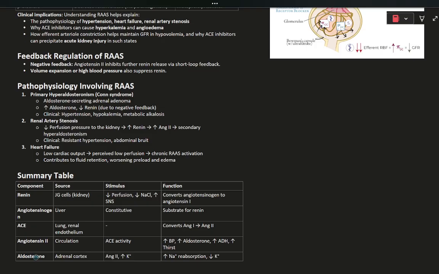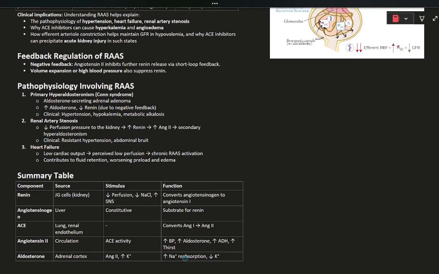And finally, aldosterone, which is stimulated by angiotensin II, is going to come from the adrenal cortex, or at least a part of the cortex that makes aldosterone. And the stimulus for aldosterone secretion is obviously angiotensin II and increased serum potassium levels.